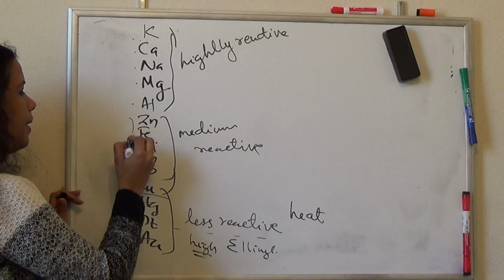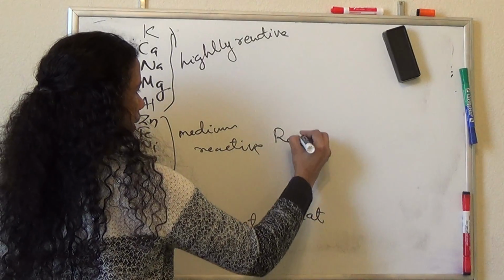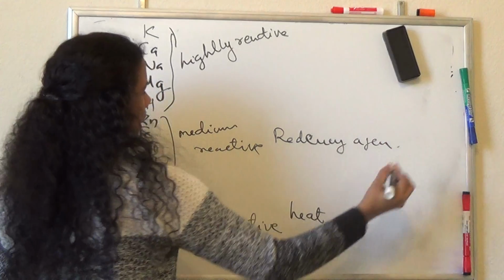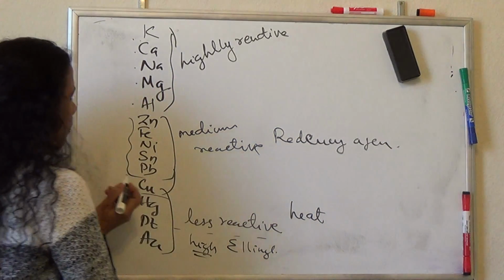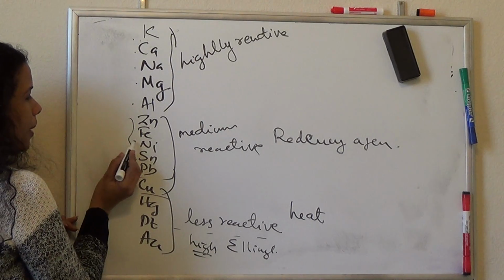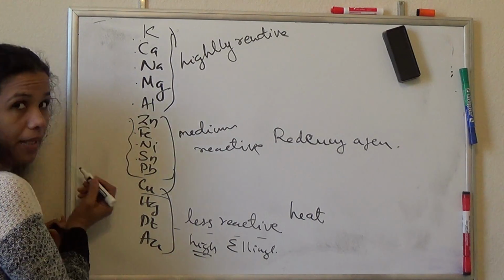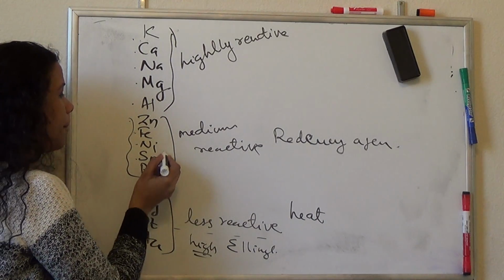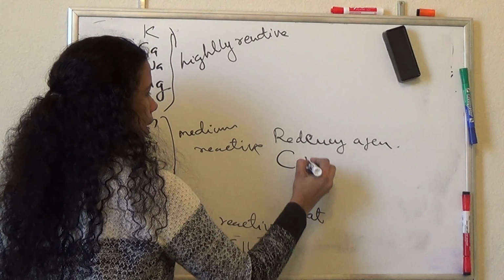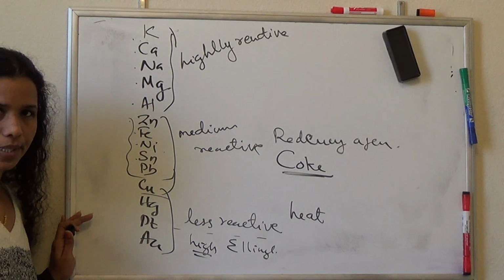Then medium reactive metals can be reduced using the help of reducing agents. For example, we can reduce lead by using zinc, zinc by using nickel, nickel by using iron. But the difficulty is that these metals will be more expensive. So less expensive coke, carbon is always used as reducing agent.